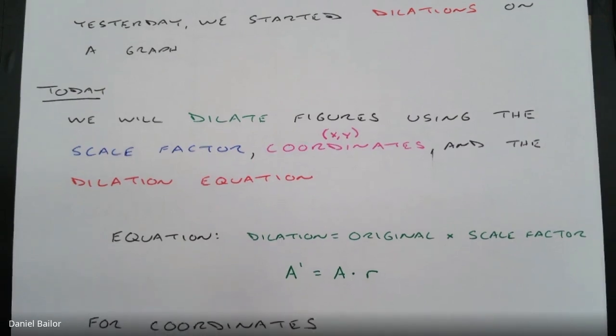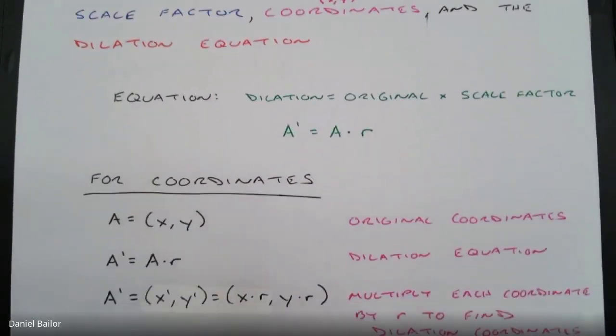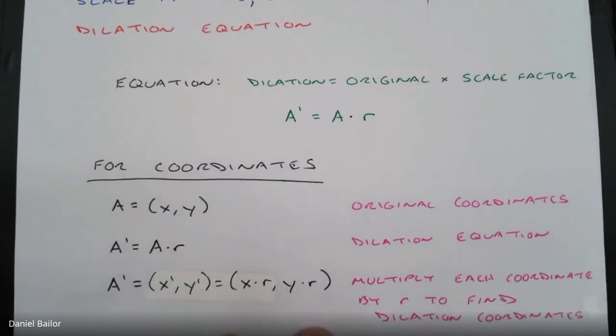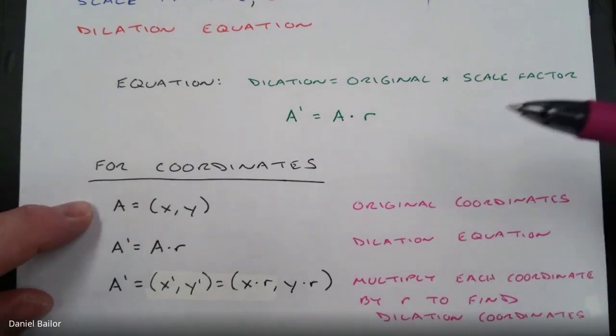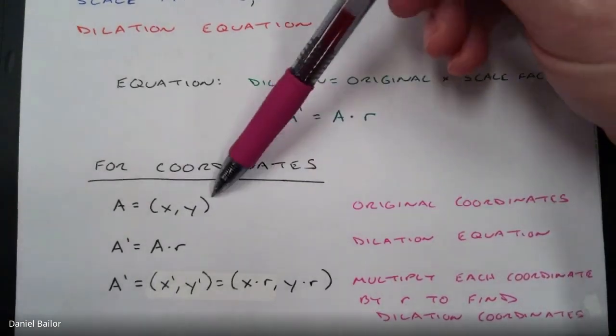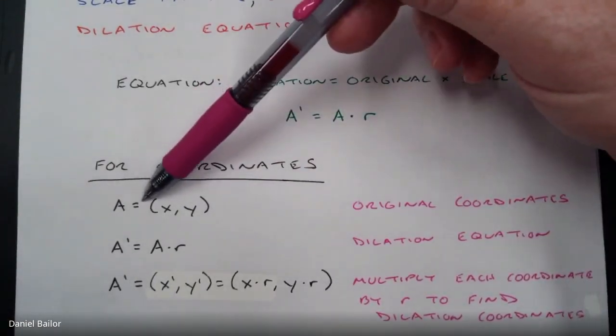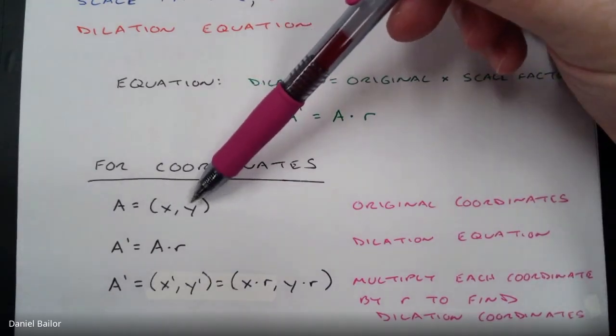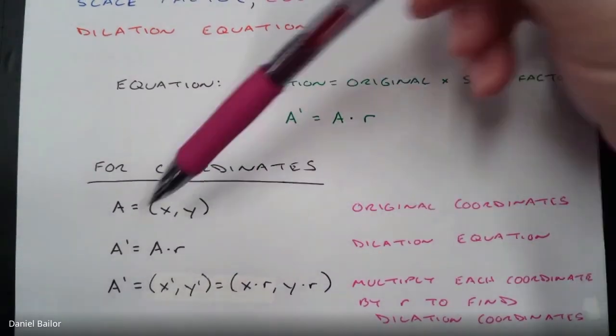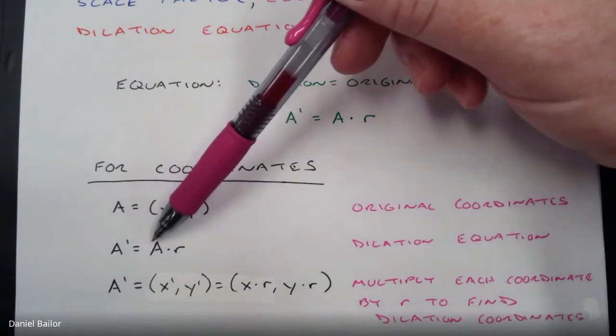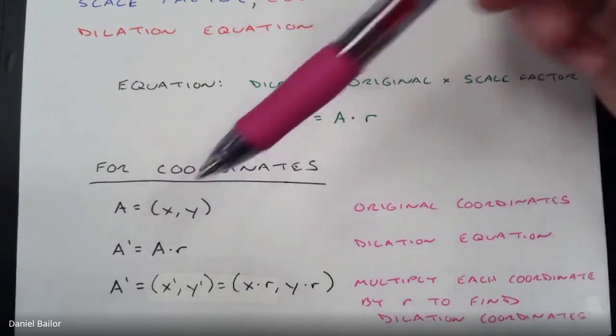This is a little preview of the math we'll be doing today. This is how we dilate with coordinates. So we start with the original coordinates right here. The original coordinates are x, comma, y. The dilation equation tells us that a dilation equals the original times the scale factor.